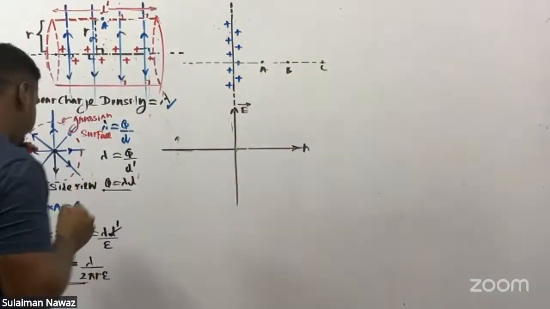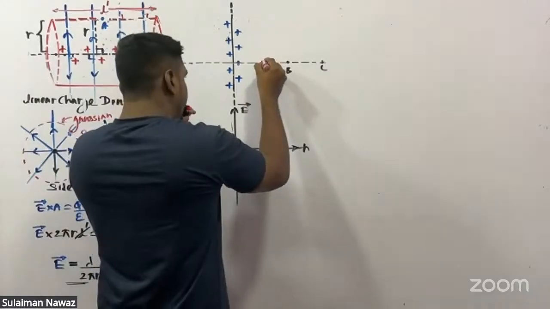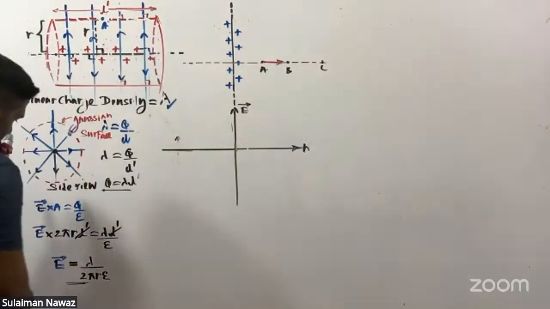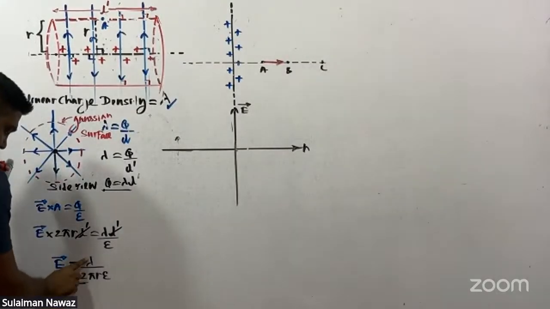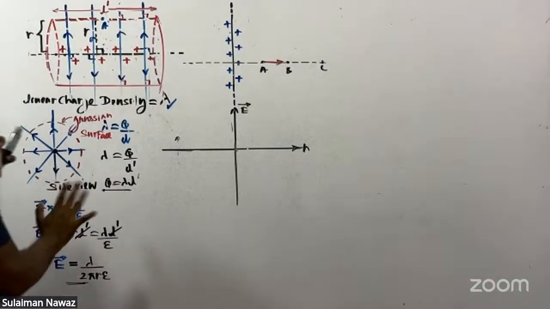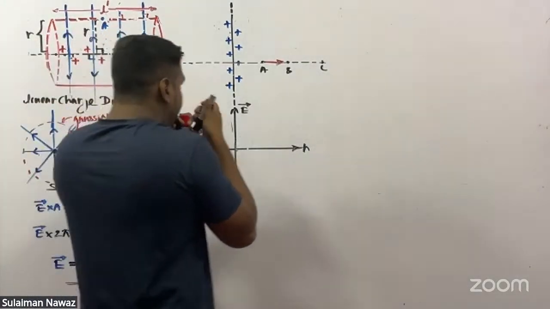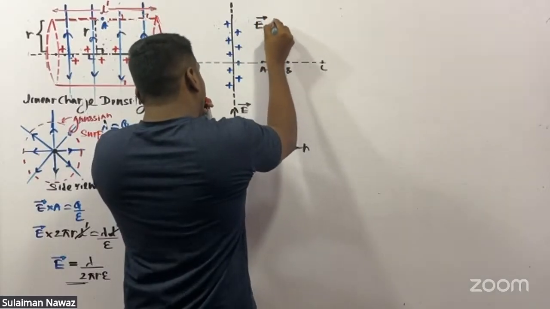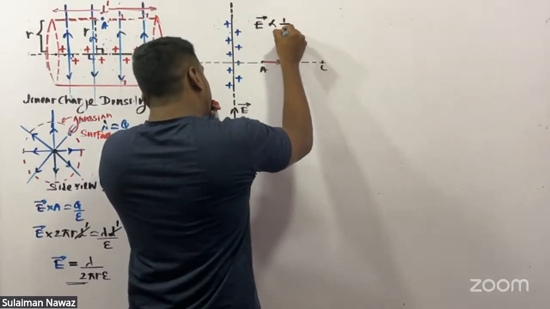And also remember, lambda is a constant, 2 pi epsilon is constant. Then you can tell that electric field intensity is inversely proportional to the perpendicular distance measured from the wire.